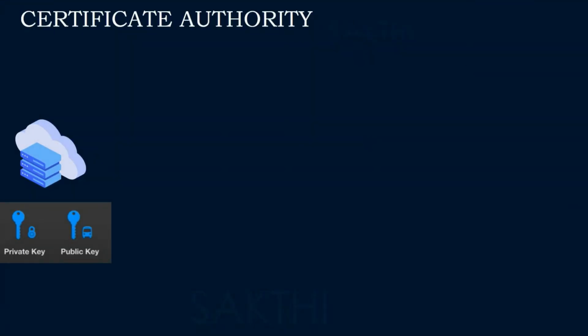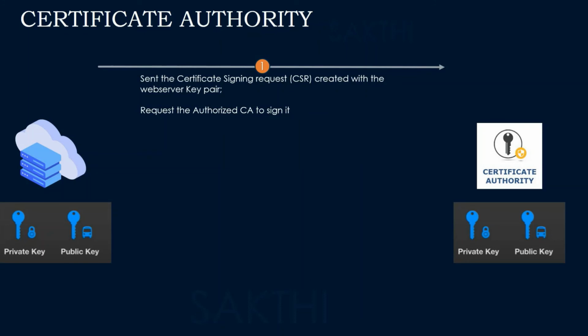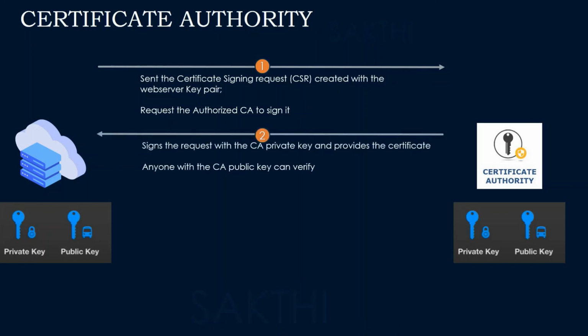Let's go to the certificate authority. When youtube.com wants to get a certificate from Google CA, first they need to send a CSR created with their web server key pair and send that signing request to Google CA to authorize it. Now the Google CA signs the request with the Google CA private key and provides the certificate to youtube.com.